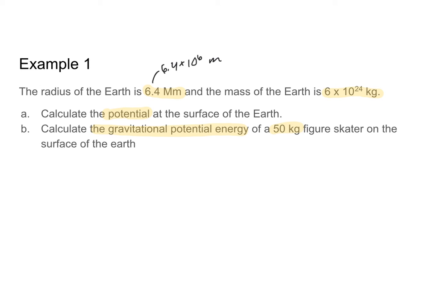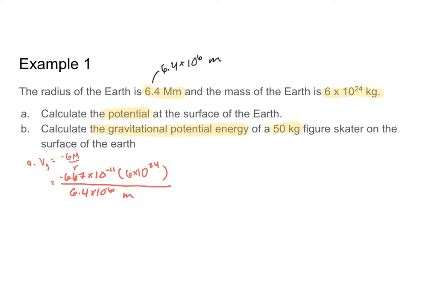So for part A, we are going to use our gravitational potential equation, V sub g equals negative GM over r. Plugging in our numbers, that gives us that our gravitational potential is negative 6.67 times 10 to the negative 11th times 6 times 10 to the 24th kilograms divided by 6.4 times 10 to the 6th meters.